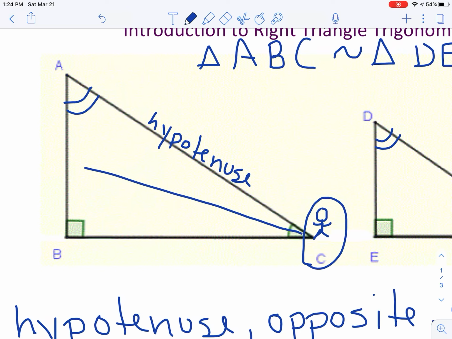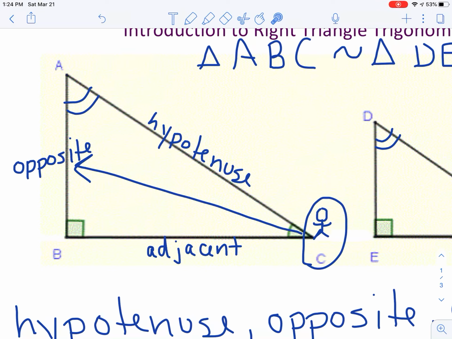Hopefully you're thinking this is the opposite side, which means the other one that you are standing next to is your adjacent side. I always like to do it in that order. First hypotenuse, then opposite, then adjacent.